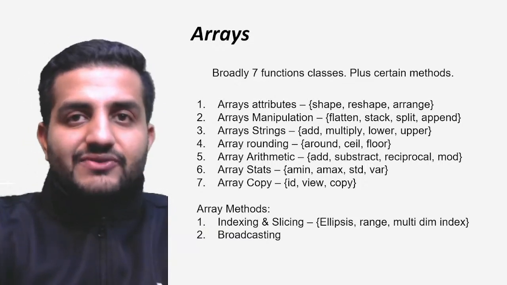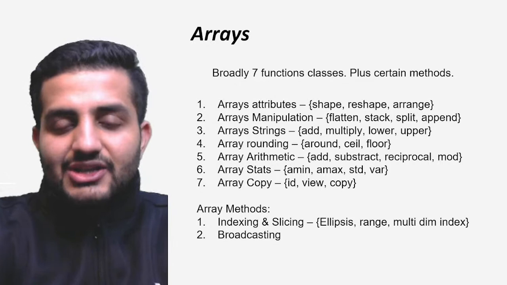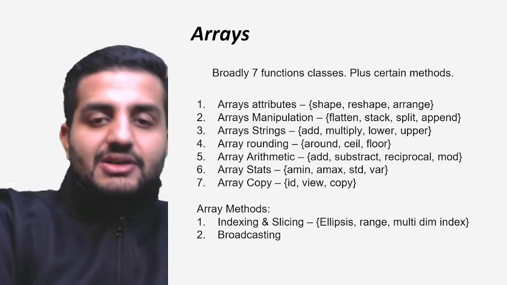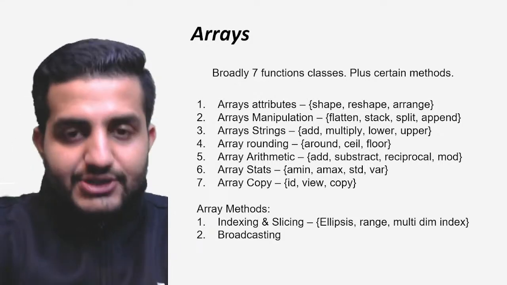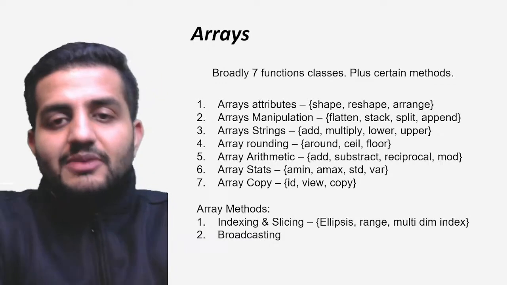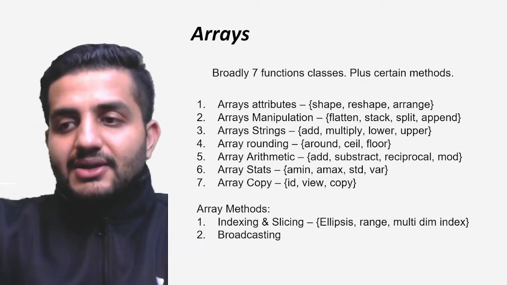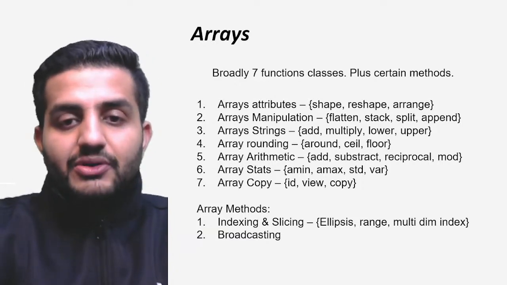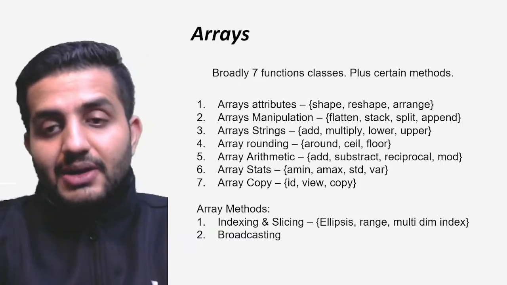Suppose my first array is of say 3 dimensions and the second is of say 1 dimension. In that case, the lower dimension array will get broadcasted into my higher dimension. So for each of my available indexes, it's going to get added, or whatever arithmetic operation I give. So the lower dimension will get broadcasted onto my higher dimension array. That is a very beautiful feature of broadcasting available in arrays.